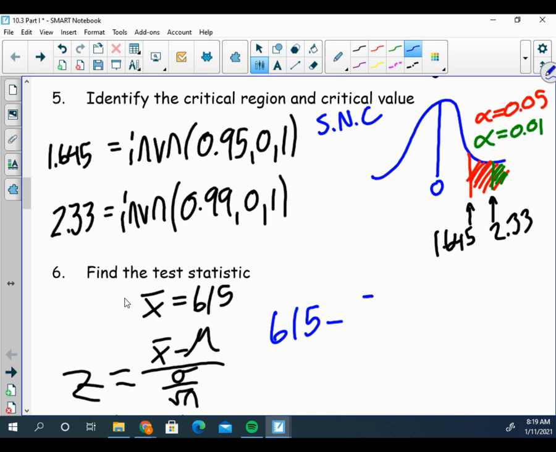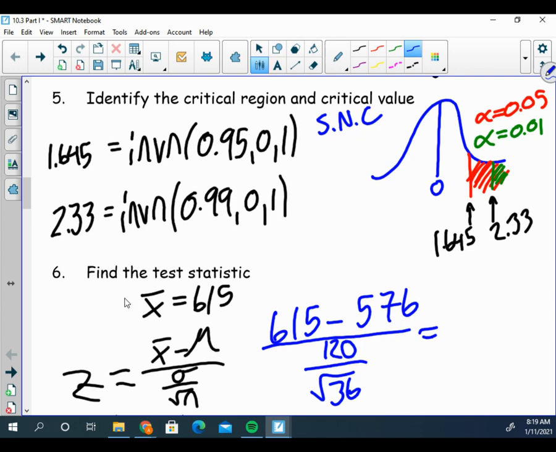Our mean, again, we're assuming 576 to be true. So 576 will act as our mean. Standard deviation was 120 divided by the square root of 36.